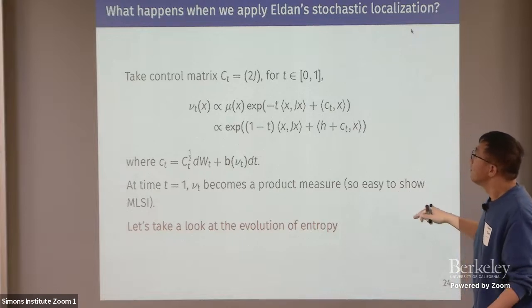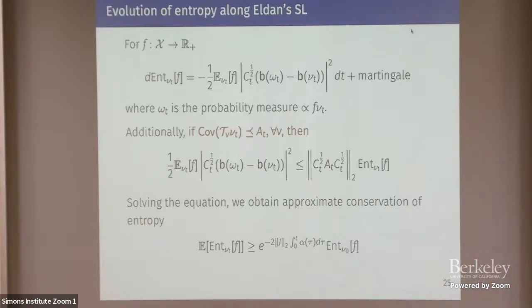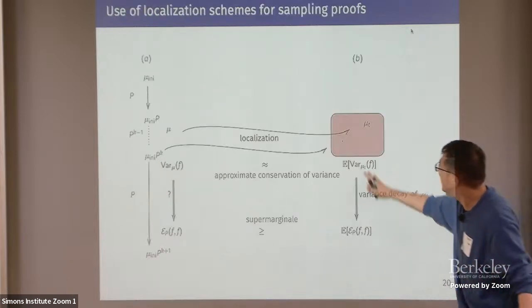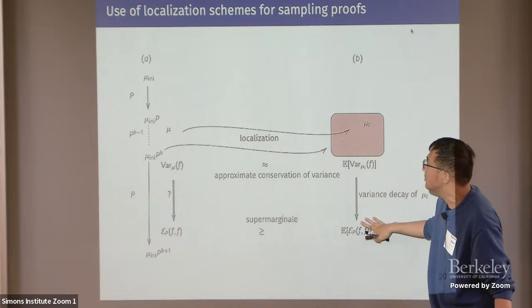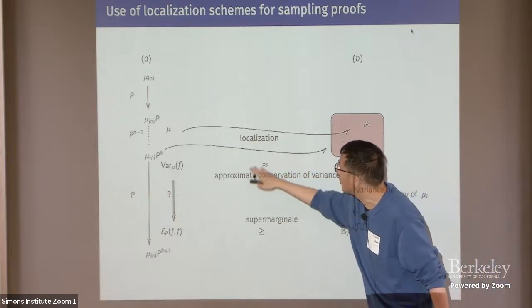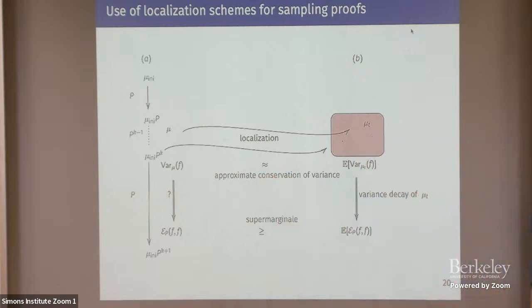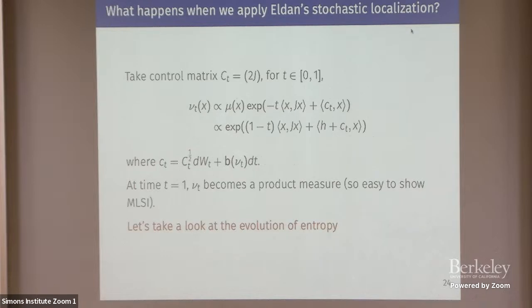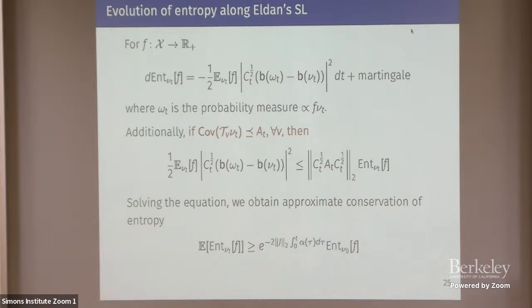And then if you think about that diagram, yeah, so this side is easy. Once you get to time equals 1, you get a product measure. This side is easy, and all you have to do is to show some approximate conservation of variance or approximate conservation of entropy. So yeah, this part is scary, but you just take a derivative.